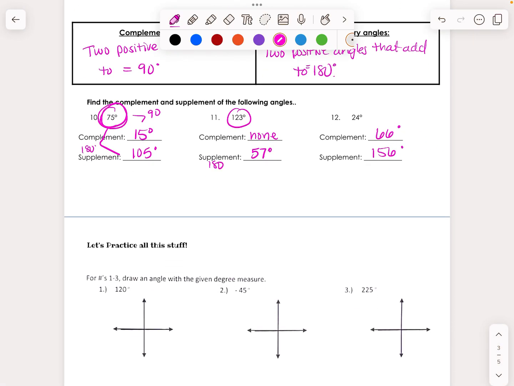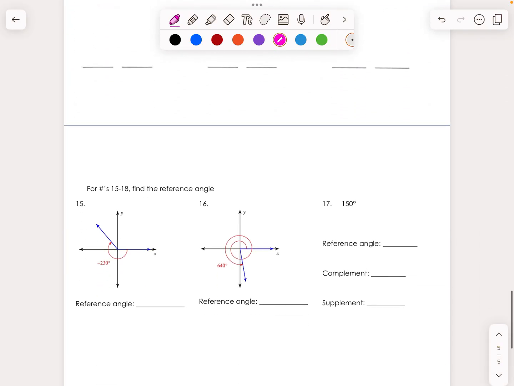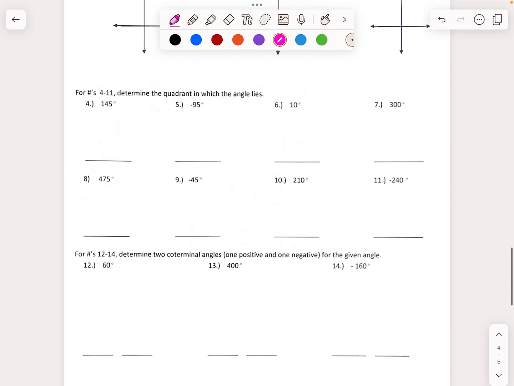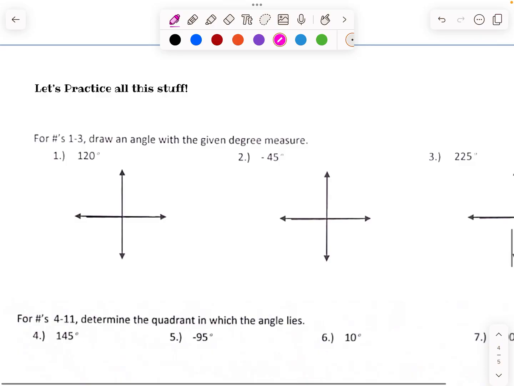All right, so rest of this is, oh, no, I haven't done that yet. Okay, so go ahead, if you haven't done so, draw some angles. Do not just do this, please. Make sure you have the beginning and the end.